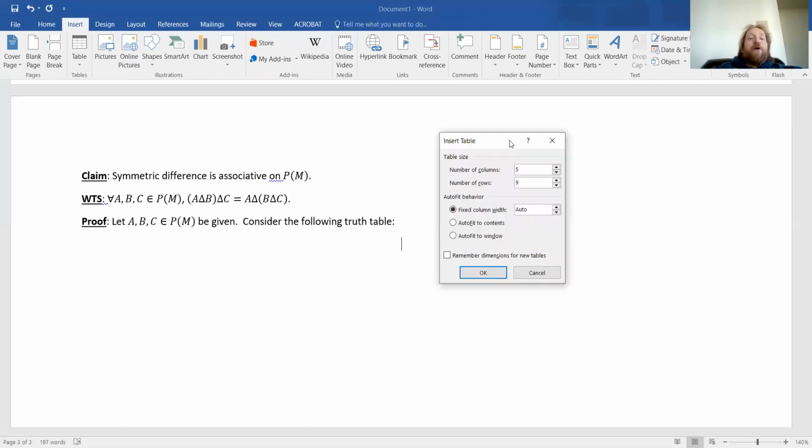Now, if we think about our columns, we need X is in A, X is in B, X is in C, X is in A symmetric difference B, X is in B symmetric difference C, X is in the left-hand side, X is in the right-hand side. So we're going to need 7 columns here.